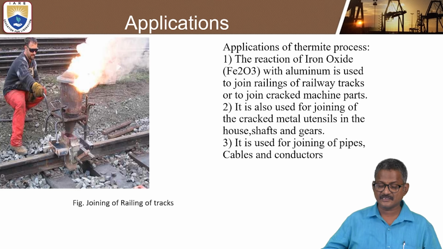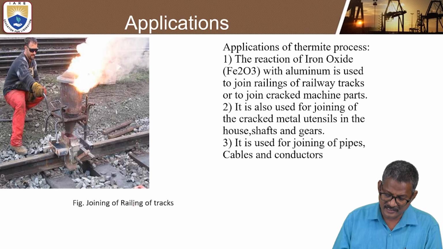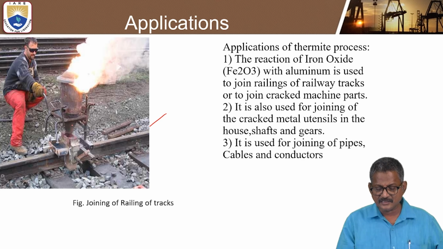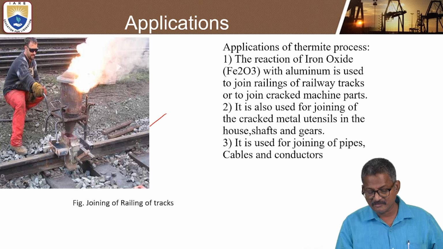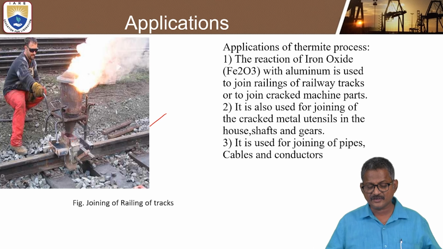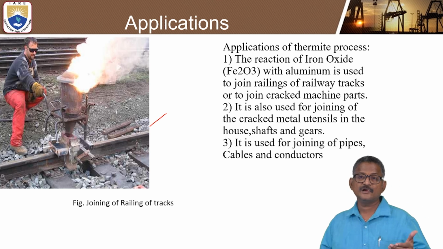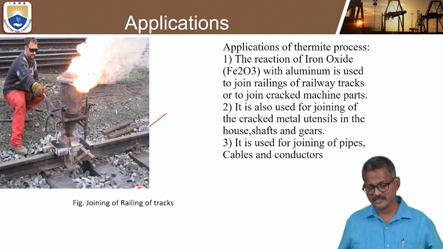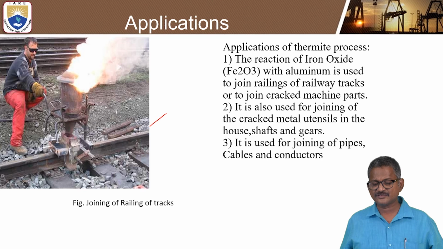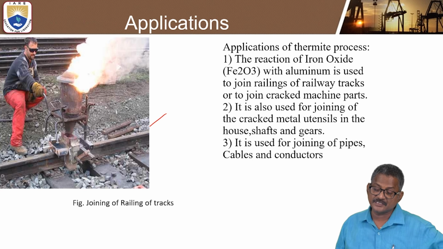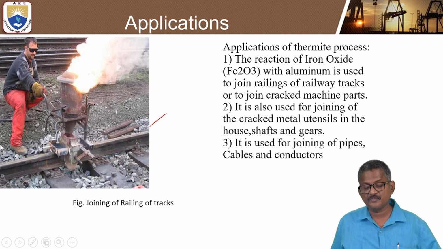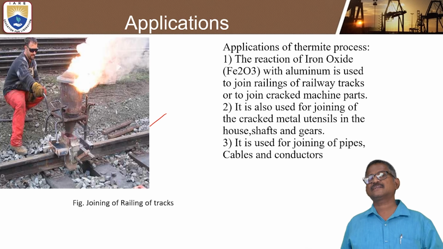So you can look at how the joining of the railings of the tracks will occur. Okay, so you can see there will be a bore, and it is used for joining of pipes and cables and conductors, which are the widely used applications.